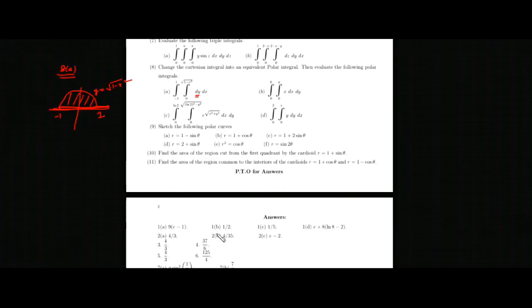Now we have to convert this into polar, so we have to write down the equivalent integral in polar. We consider this as the pole, and we take the initial ray in this region. So dy dx is replaced with r dr d theta. r is varying from here, where the value of r is 0.